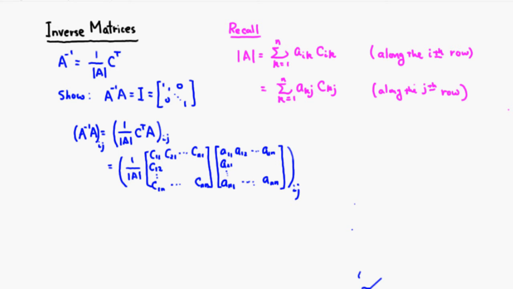Since 1 over determinant of A is just a constant, I'll pull that out.